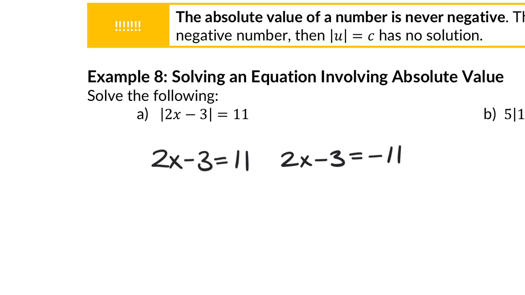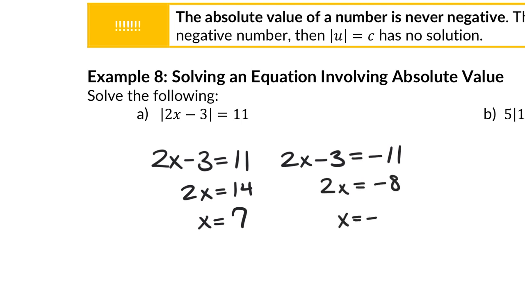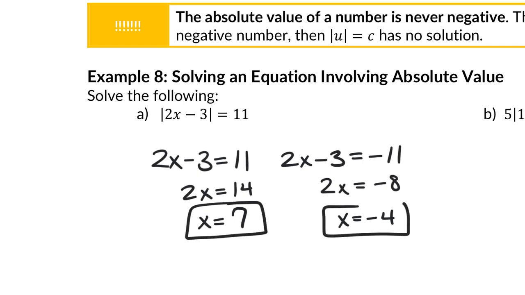We've isolated, we've separated, we solve. What's nice about these is though they're different numbers, they're literally the same solve steps. Add 3, divide by 2. Add 3, divide by 2. Ta-da! Isolate, separate, solve.